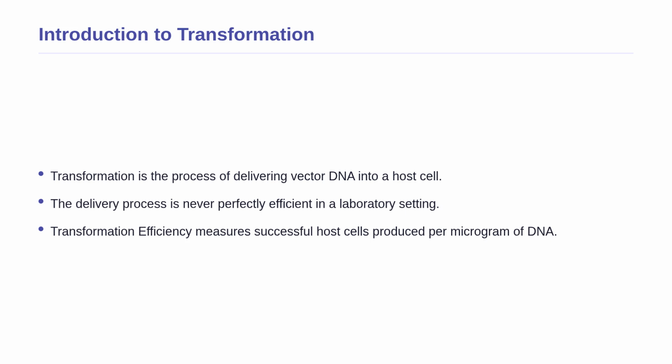Therefore, we need a rigorous mathematical way to measure how successful our delivery trucks were at getting inside the factories. This measurement is known as transformation efficiency. It specifically tells us how many successful host cells, or transformants, we produced per microgram of vector DNA used. By calculating this, scientists can determine if their delivery system is working well.